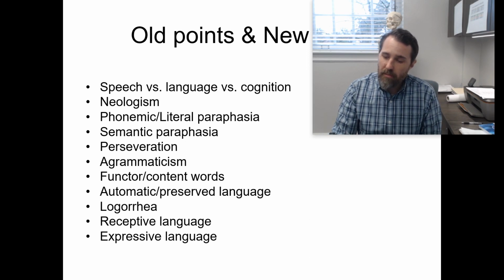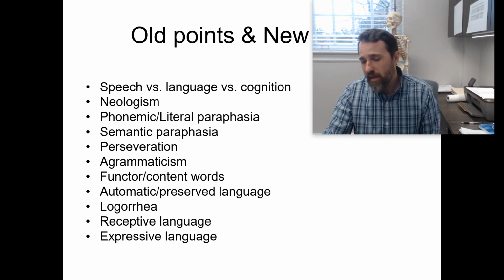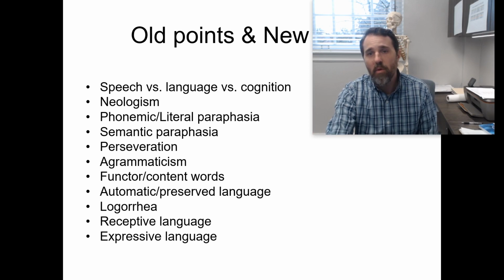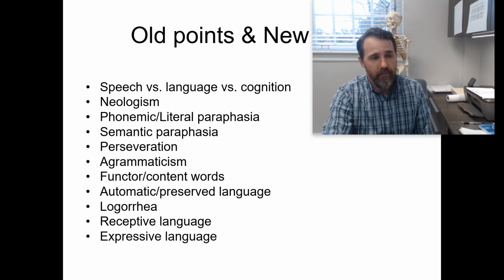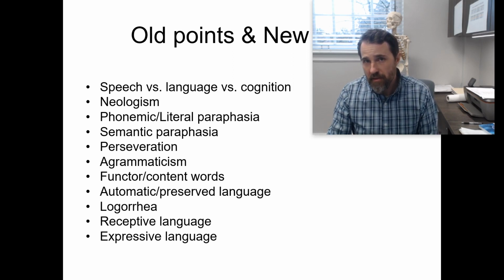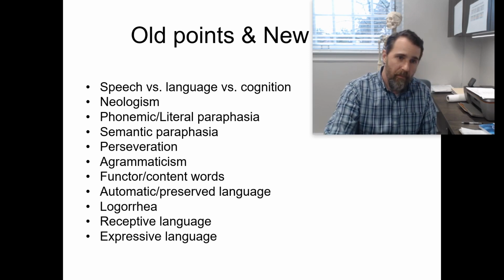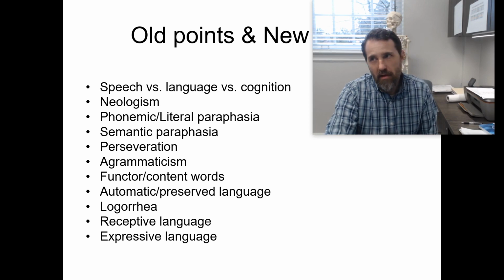So if the word that they errorfully produce is semantically related to the target word, we call that a semantically related paraphasia. But if an individual with aphasia produces a word that is unrelated to the target word, that's a semantically unrelated paraphasia, also known as an unrelated verbal paraphasia.